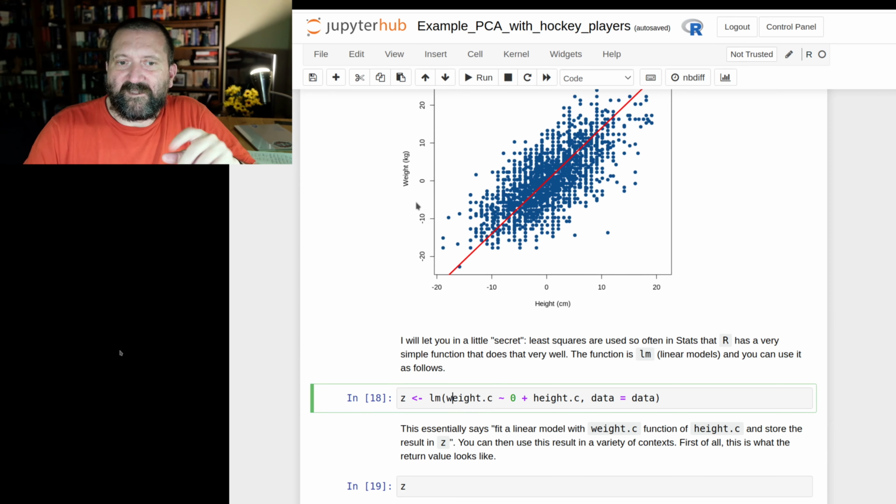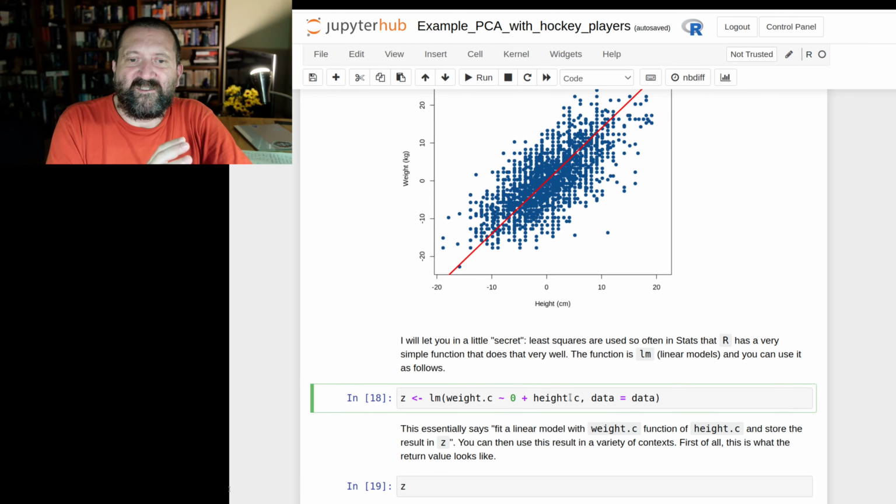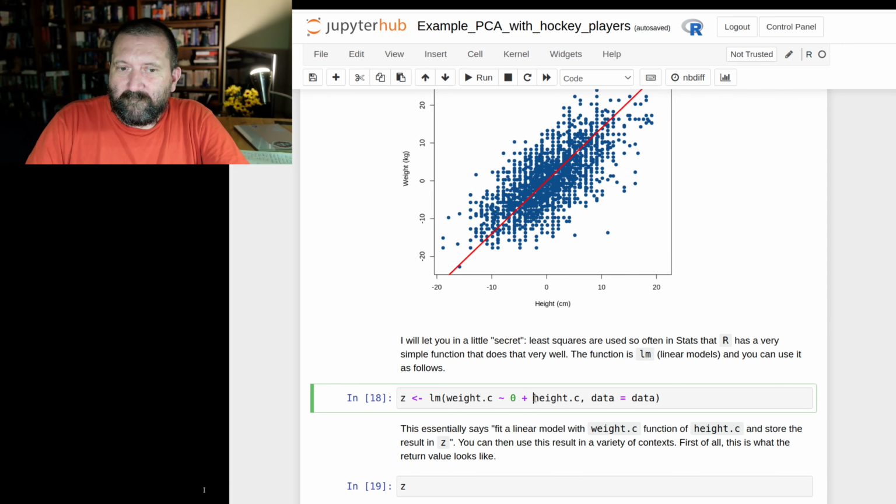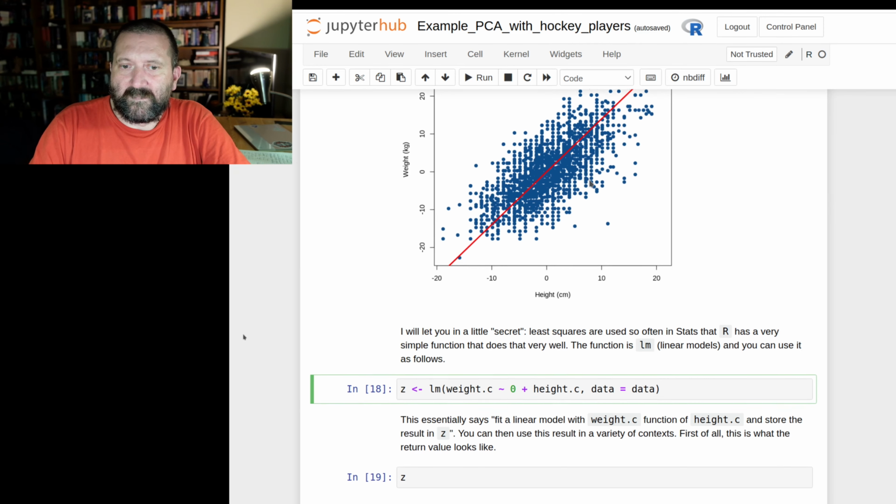It's the data that I've centered. It expresses the weight as a function of, so this here on the right says y is equal to a being 0 plus bx. Okay, so here b is going to be my parameter and x is the height. So I'm looking for a linear least squares fit to this data.